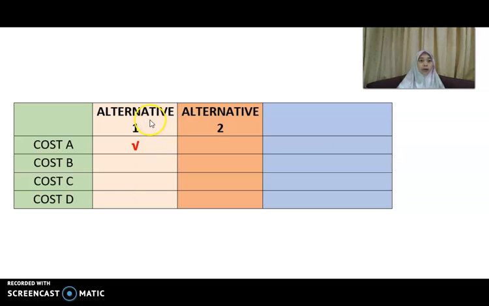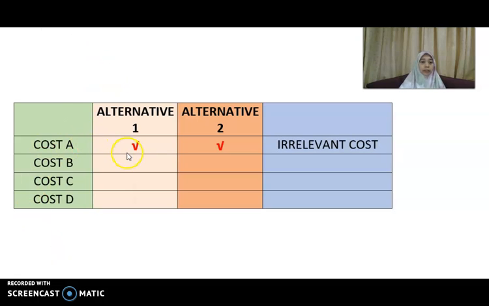Let's say you have two alternatives, alternative 1 and alternative 2. And then let's say you incur a certain cost or revenue, cost A. For alternative 1, you have to incur that cost. And if you proceed with alternative 2, you still have to incur that particular cost. So in that case, that particular cost is irrelevant.